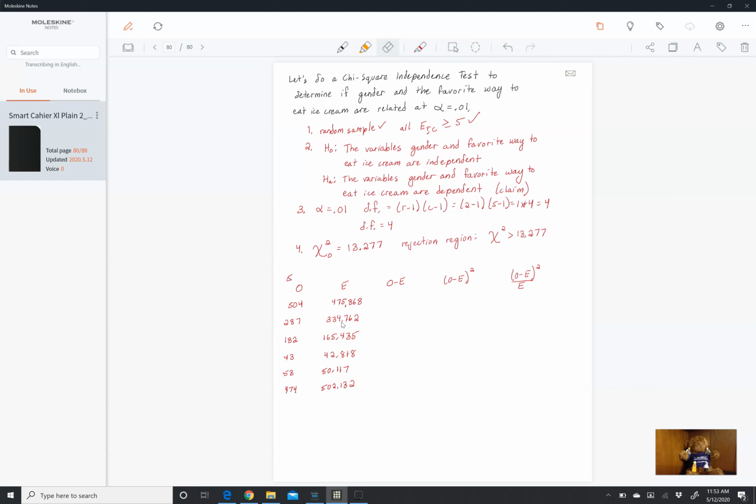We went back to the beginning of the second row. 401, 353.238. 158, 174.565. 45, 45.182.